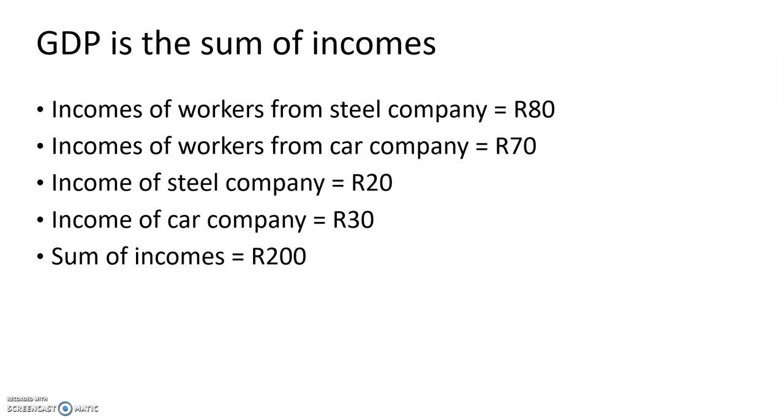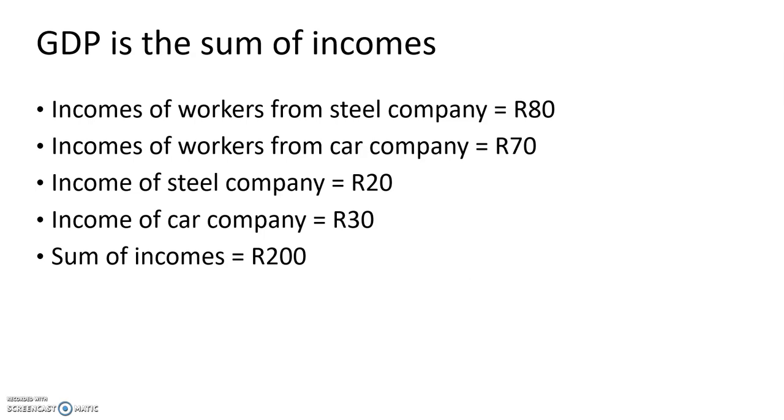When we go back to our example and think about the revenues left to a firm after it has paid for its intermediate goods, some of the revenues go to pay workers, and this component is called labor income, and the rest goes to the firm in the form of capital income or profit income. So of the 100 Rand of value added by the steel manufacturer, 80 Rand goes to workers, which is labor income, and the remaining 20 Rand goes to the firm, which is the capital income.